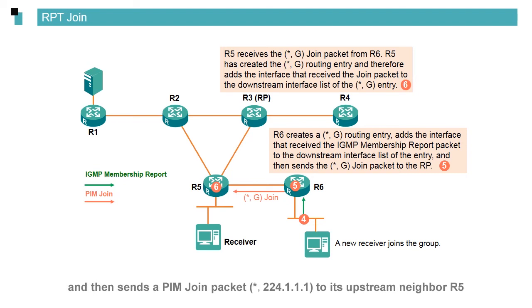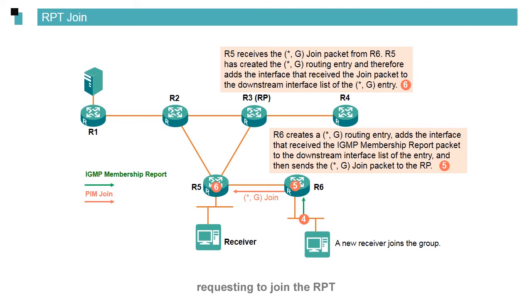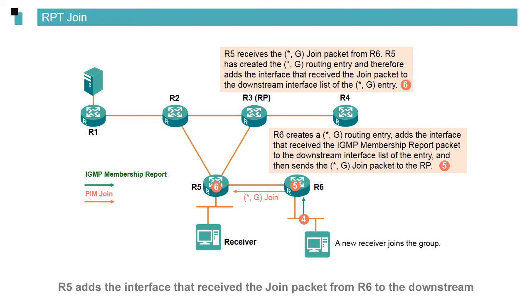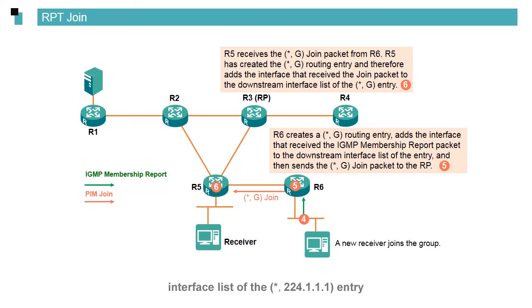a PIM join packet (*, 224.1.1.1) to its upstream neighbor R5, requesting to join the RPT. R5 adds the interface that received the join packet from R6 to the downstream interface list of the (*, 224.1.1.1) entry.